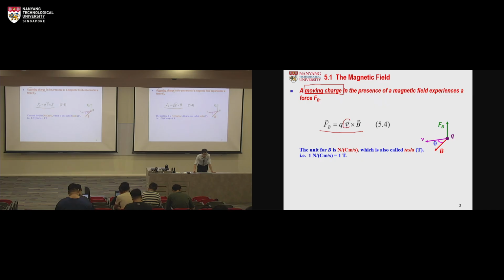This is the velocity V, and of course this is the magnetic field B. Both are vectors, so it's the cross product of V and B. That is why, from this formula, you can see FB will be non-zero only when you have a finite velocity V, right? If it's a static charge, meaning V is 0, then the force is always going to be 0, right?